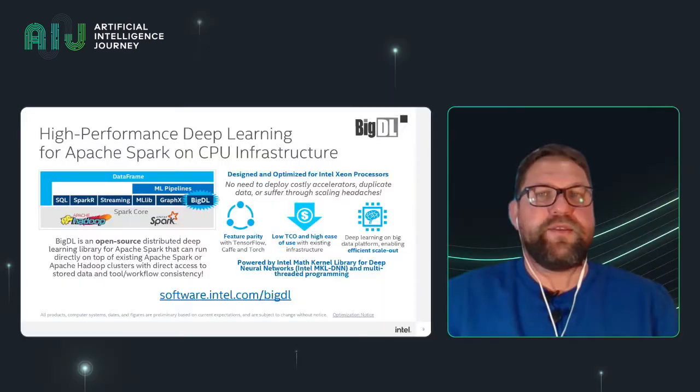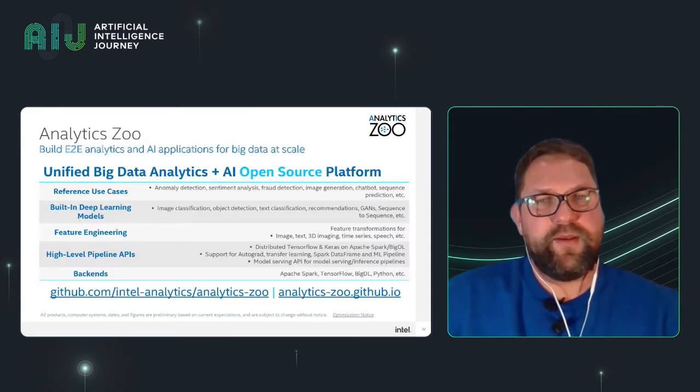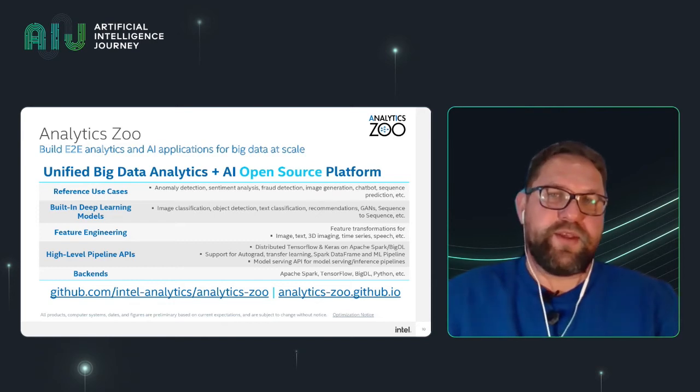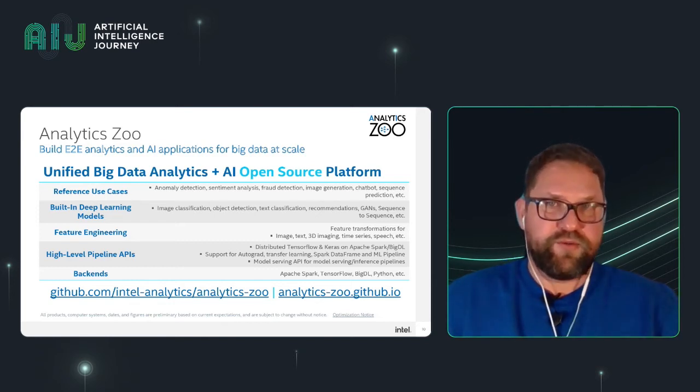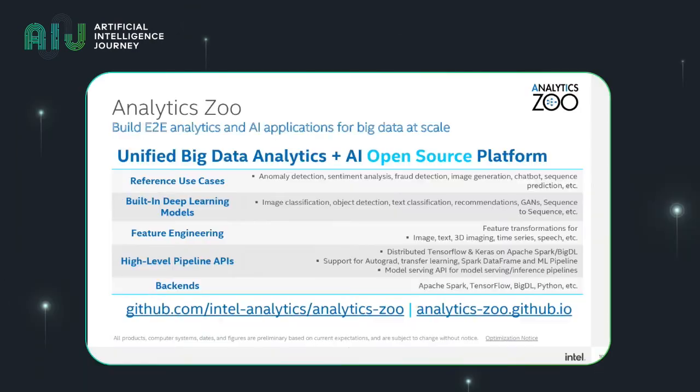So this is the description of BigDL, what it is all about. It is specific to Spark infrastructure, and it adds to Spark a framework from Intel for deep learning. Analytics Zoo: look here, we have ready-made scenarios in detection of anomalies and detection of fraud, detection of images, and classification and tracking of objects.